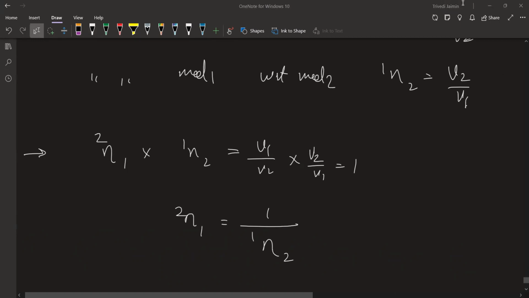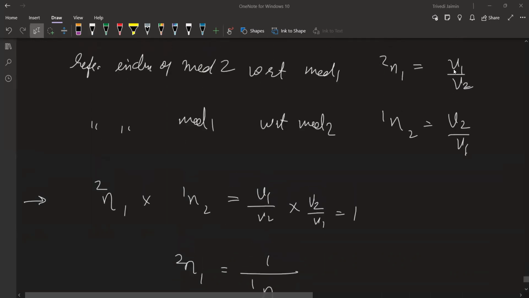No, it's not like that. We are just multiplying these values, substituting these values here. This is not actually a variable n. It is the refractive index of 2 with respect to 1 and of 1 with respect to 2.